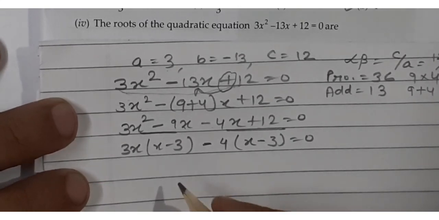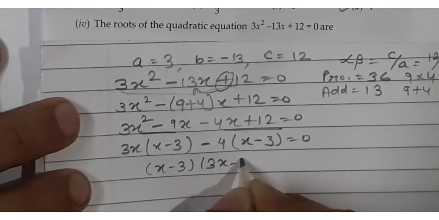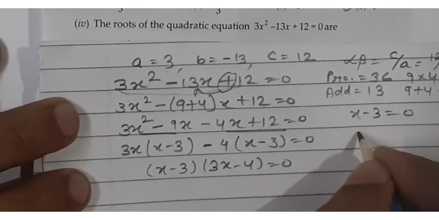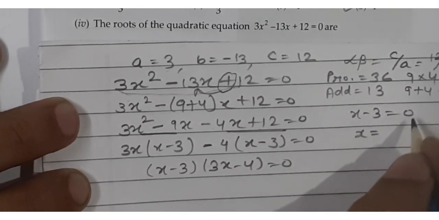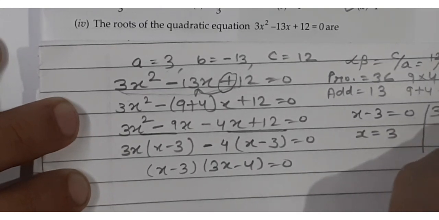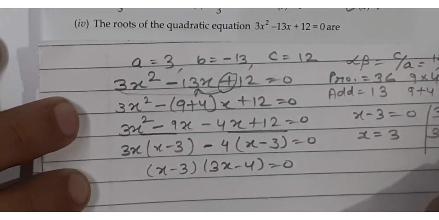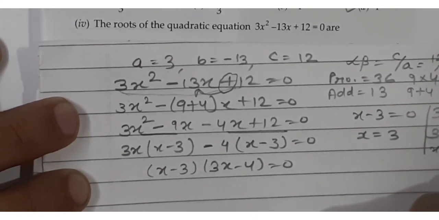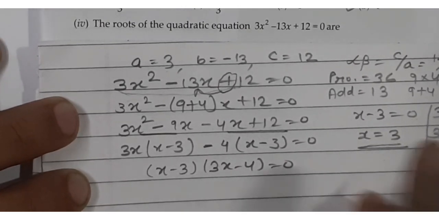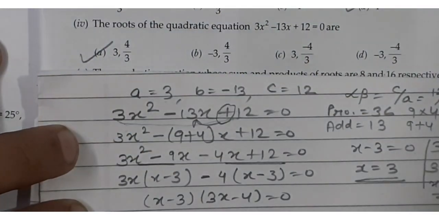Then x minus 3 is common here. What is remaining? 3x minus 4 equal to 0. For the zeros, x minus 3 equal to 0, x is equal to 3. 3x minus 4 equal to 0, 3x is equal to 4, when 4 goes that side, x is 4 by 3. So the two roots are 3 and 4 by 3. See which is the answer? A is your answer.